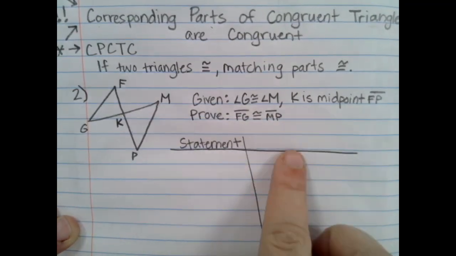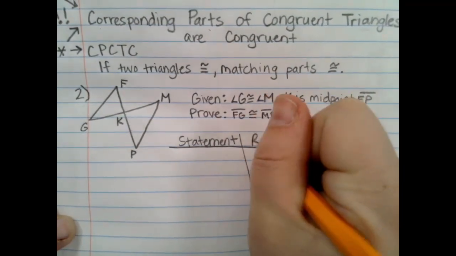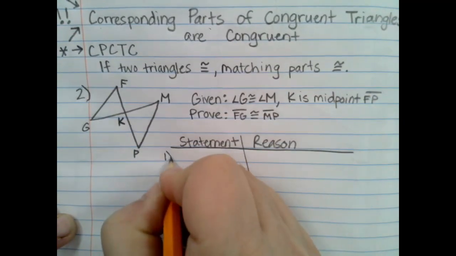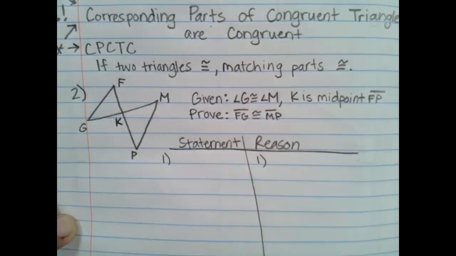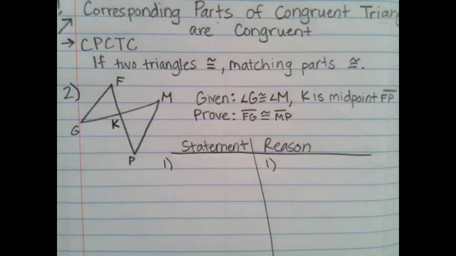You should be able to know what goes in each column. This one's going to be a 5-step proof. I'm going to leave a couple spaces in between, so I'm not going to label all the 5 steps right now. But it will be a 5-step proof.